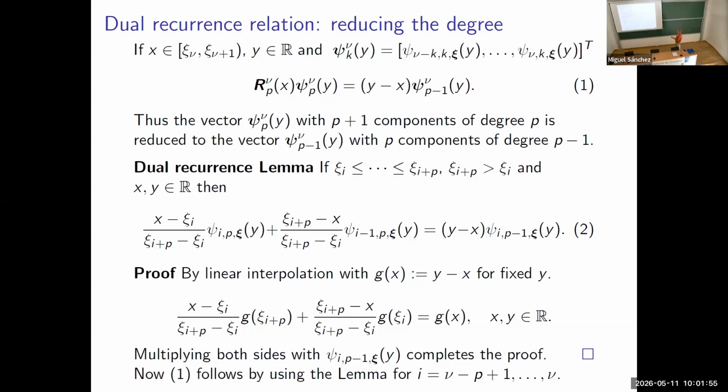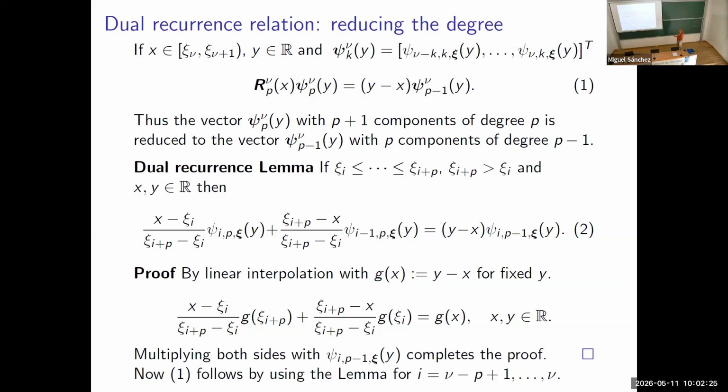Then we have this relation: the linear combination of the ith dual polynomial and the (i minus 1)st dual polynomial is y minus x times a dual polynomial of degree p minus 1. And this formula is just linear interpolation with the function g of x equal y minus x for a fixed y.